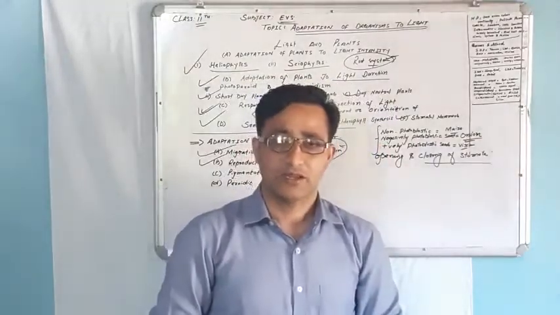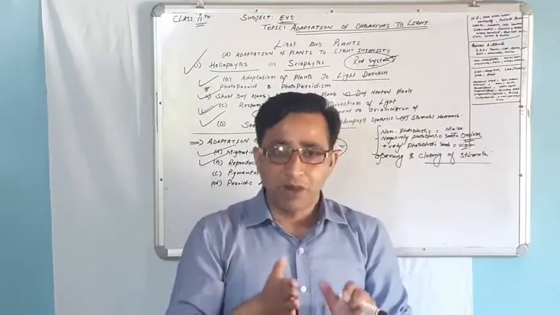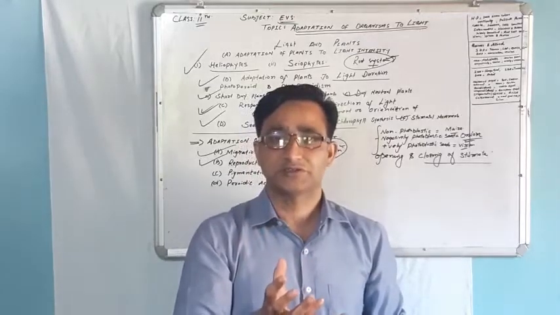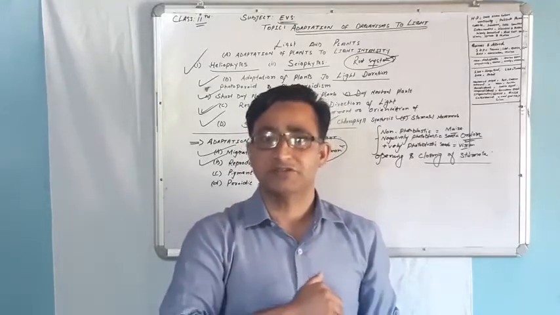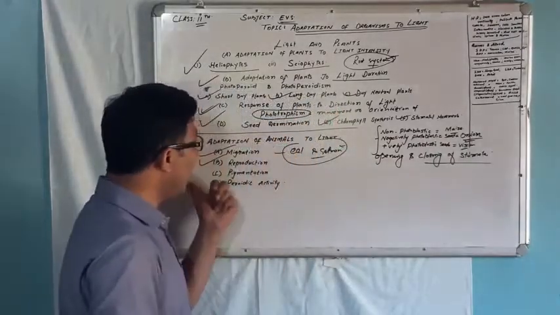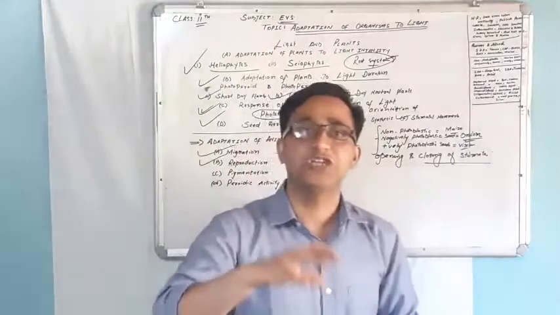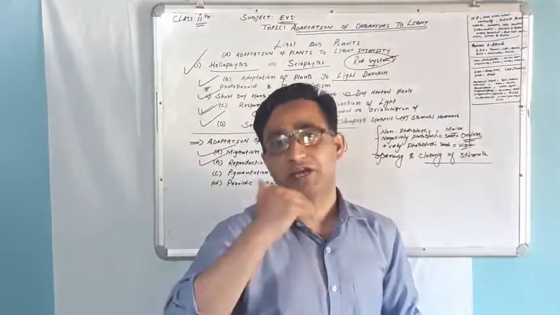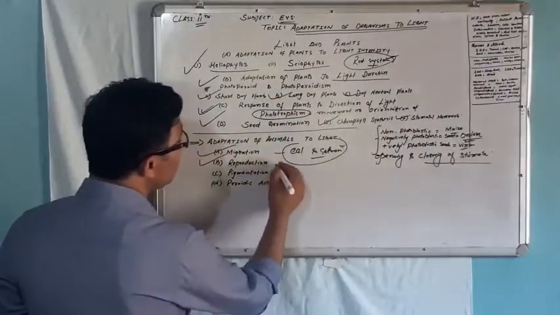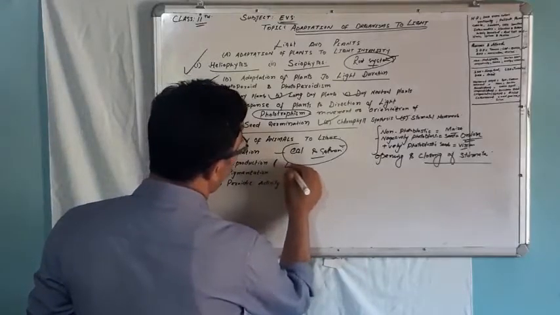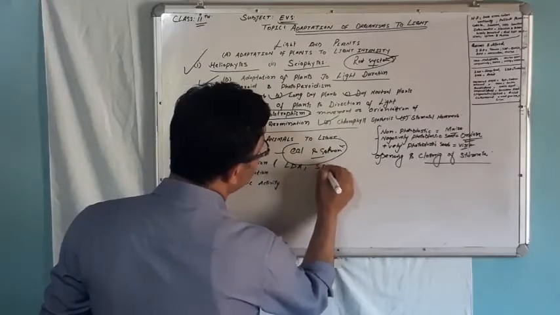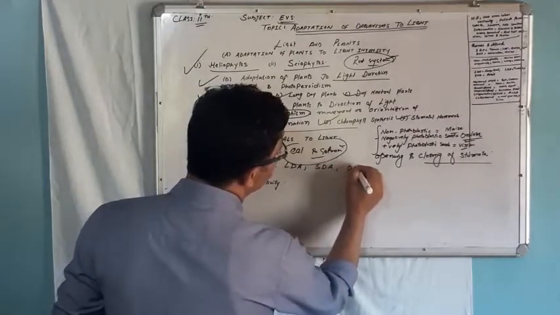Like the plants respond to the photoperiods and are of three types, that is long day plants, short day plants, and day neutral plants, accordingly the animals have been classified into three categories depending upon their response towards these photoperiods: long day animals, short day animals, and day neutral animals.